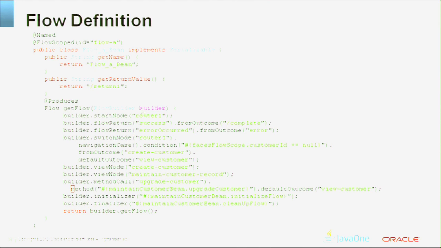So here you'll get passed a flow builder, and here's where you can define the start node and the return and the switch node, all of these other kinds of things. And this is completely up for grabs as far as how we're going to design this. The other alternative is to have an XML-based syntax, which I will show you when we get to the demo. But I think that a Java-based solution is probably better for this point in time. So here we go to the demo.